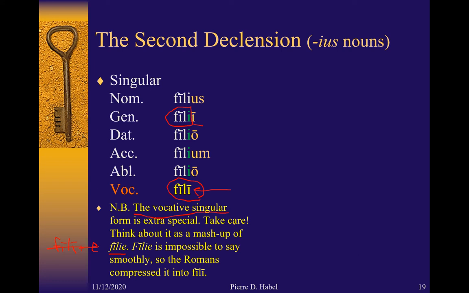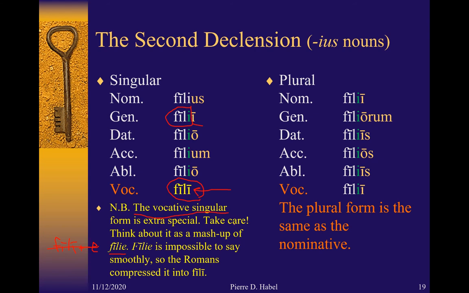If your Latin name is Julius, I will say, Juli, please answer this question. Okay, so that may sound a little bit different for some of you who thought your name was full-on Julius or Sulpicius. It is, but not in the vocative.